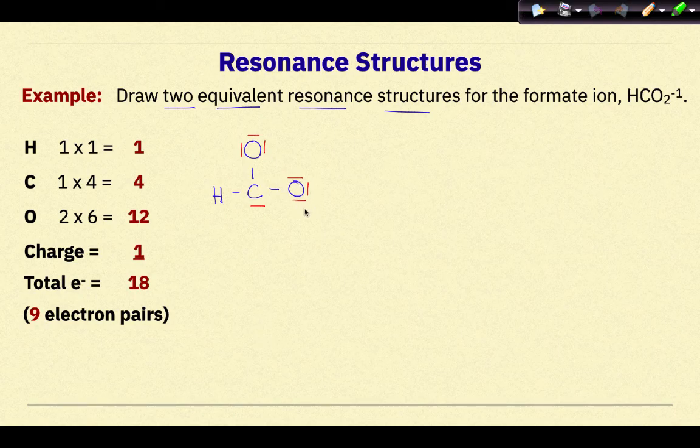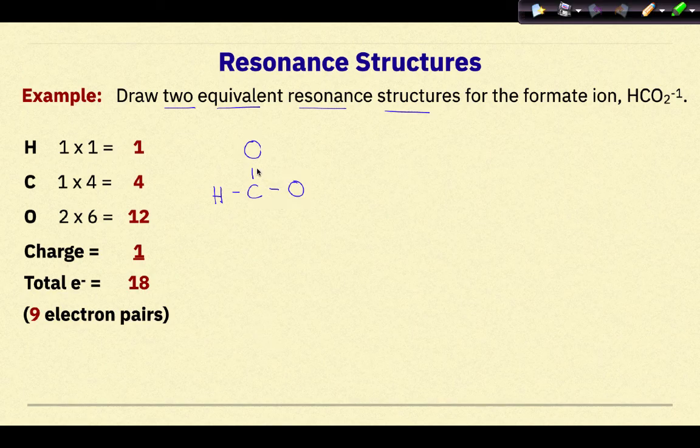So I need 10 electron pairs. I only have 9. So that means I'm going to make a double bond either here between this carbon and oxygen or here between this carbon and oxygen. So I'm going to erase my red lines and add a double bond between one of my carbon-oxygen pairs.